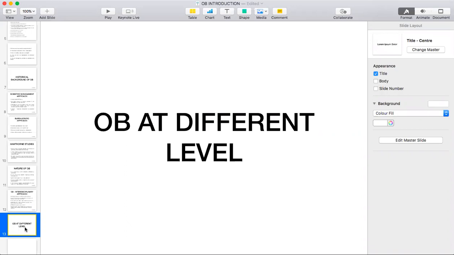When we discuss the different levels, we mean the individual level, the interpersonal level, the group level, and the intergroup level.